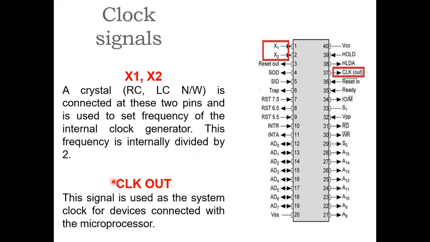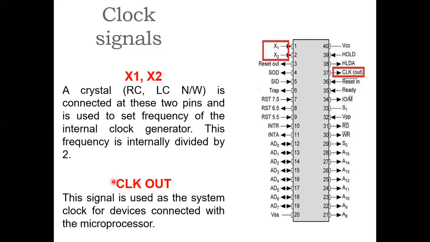Here they can use an RC oscillator or LC oscillator, but most microprocessors use a crystal oscillator, which is 12 megahertz or 20 megahertz. They are given through the two pins X1 and X2. That is divided by the divider and given to the microprocessor at 5 megahertz or 3 megahertz, depending on the range of the crystal oscillator.